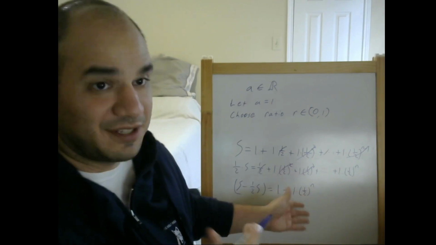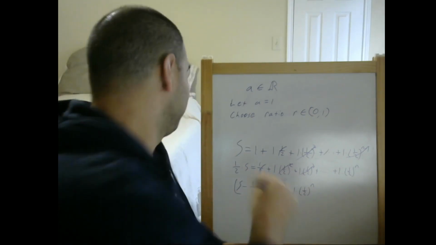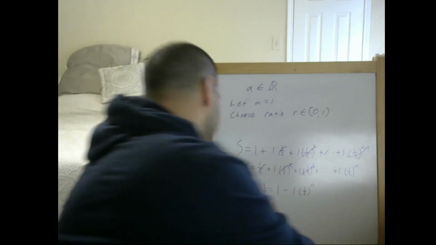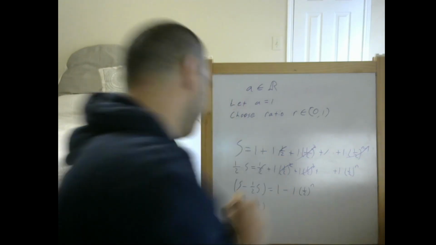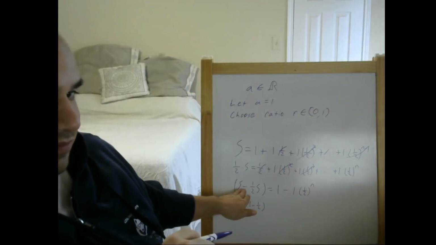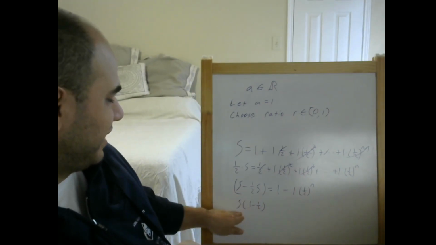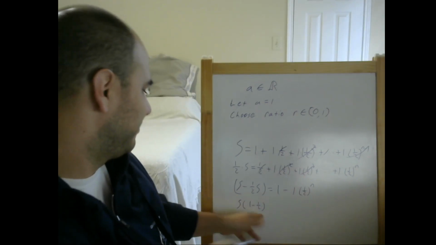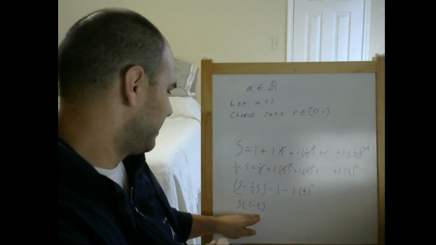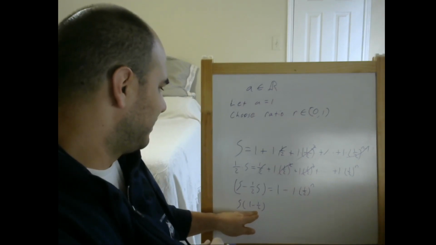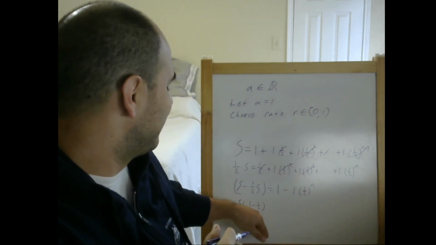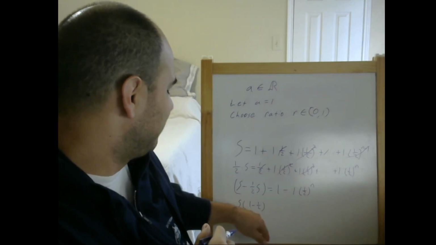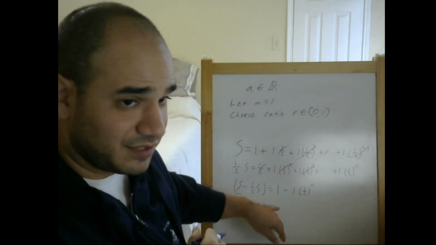Okay, well, we wanted to solve for S, so let's just pull it out over here. So this is equal to S times 1 minus 1/2, which happens to be our ratio. If we want to solve for S, then we just need to move this over to the right hand side.